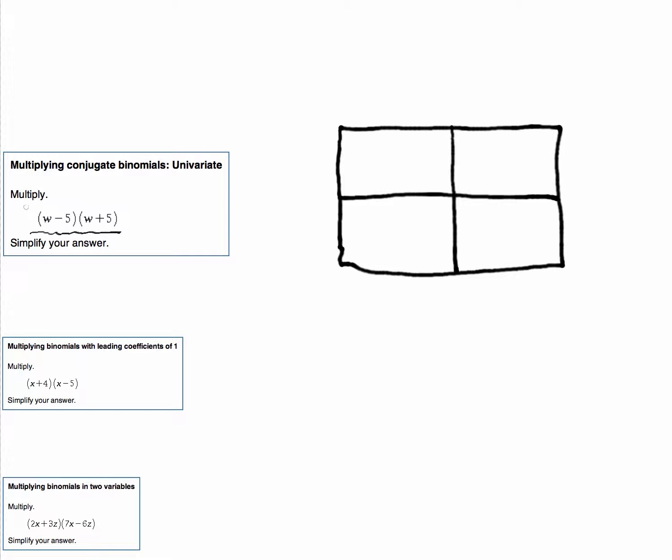So what I'm going to do is find w minus 5 times w plus 5. So I'll put w and a minus 5 here. Now I know that negative 5 is not the length of this line. But if we use our imagination, we can think of this line across there as being represented by this mathematical object that we're calling minus 5. So watch this.